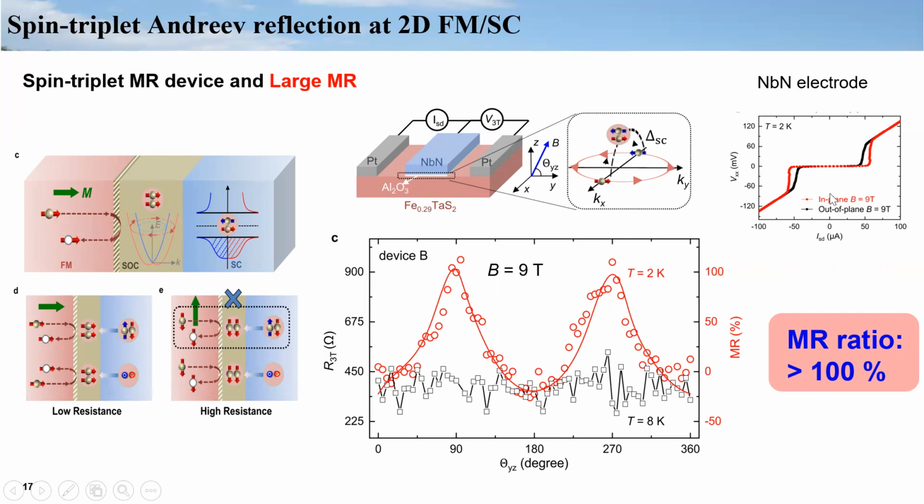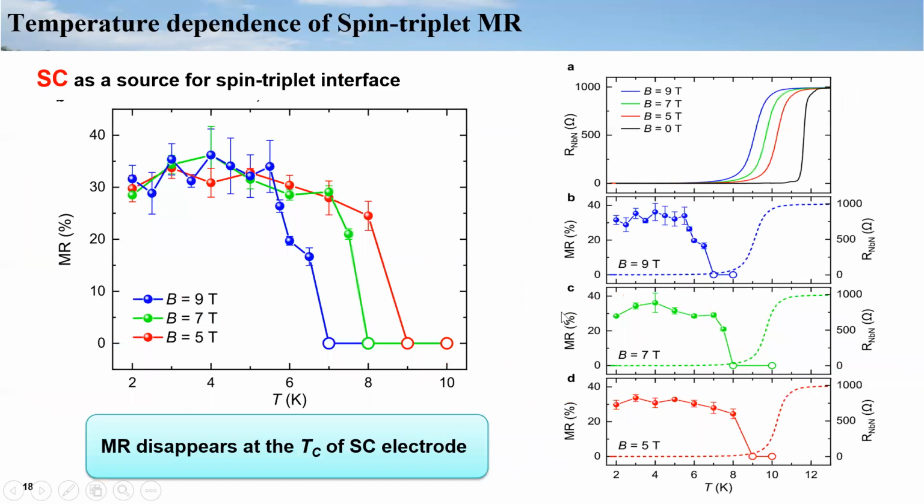To be noted, at 2 Kelvin, even at 9 Tesla, the NbN is still superconducting. As you can see, we use a very small current to probe the spin triplet Andreev reflection. When the temperature is higher than the critical temperature, the MR disappears. This is a strong indication that this MR effect is related to the superconducting properties.